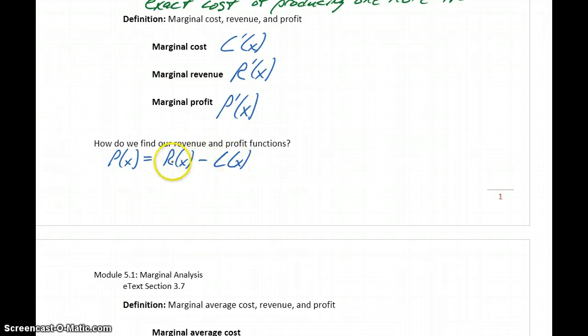And the difference between those values gives us our profit function. So however much money we bring in minus however much money we had to spend to produce those items gives us that total profit. So profit is always going to be equal to our revenue minus our costs.